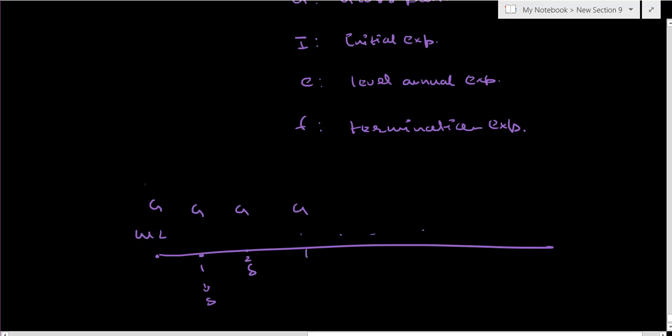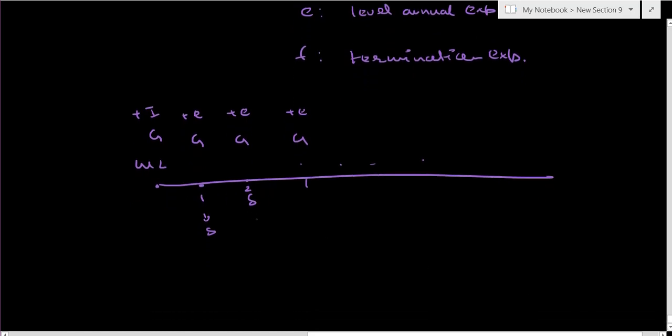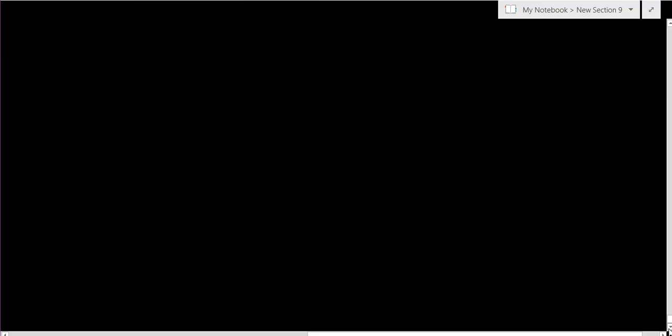Along with the first year's premium there is an expense I, and with every subsequent premium there is an expense of E. And whenever he dies, he gets a sum assured of S, plus there will be an expense of F incurred by the company in order to process this claim.